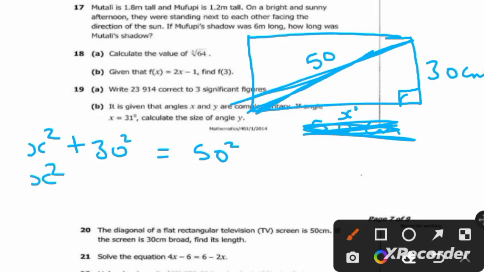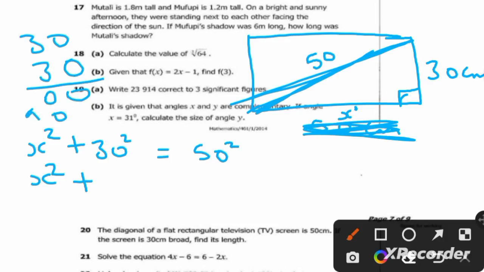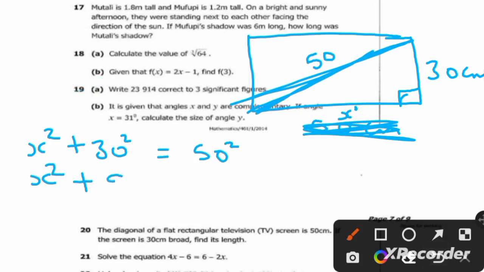So x squared is equal to 30 times 30. 0 times 0 times 3 is equal to 0. 3 times 0, 0. 3 times 3, 9. So here we are going to have 900.